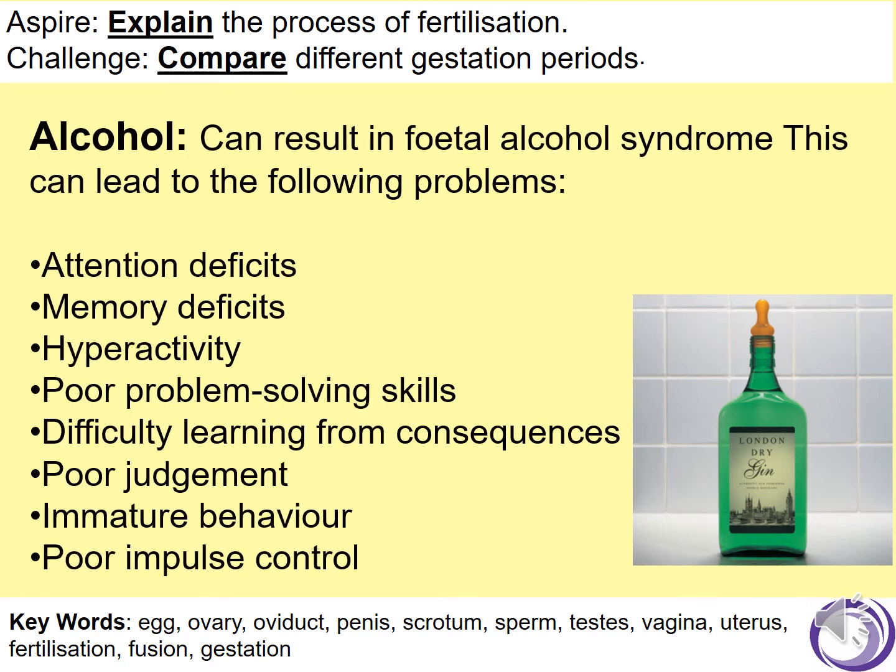Alcohol in itself can lead to something called fetal alcohol syndrome, which has a range of issues which mainly stem from a problem with brain development due to the effect of alcohol passing through the placenta into the baby's bloodstream. And that can result in attention deficit and memory deficits. And because of that, we then have some associated other issues that are listed there.